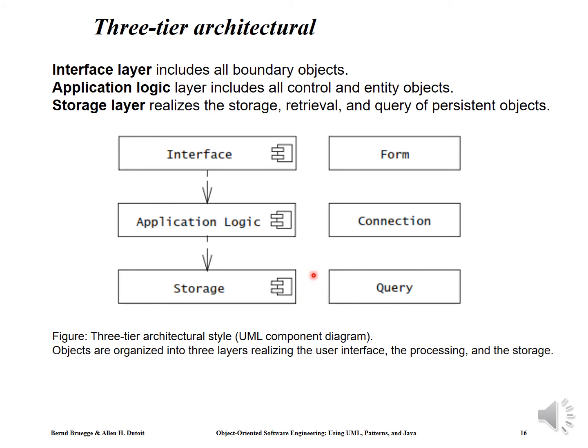The goal of three-tier architecture is basically to separate the user interface and the physical database. So it basically provides program data independence.